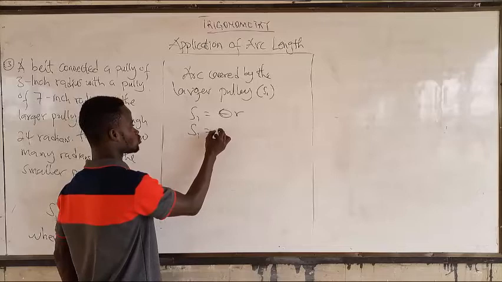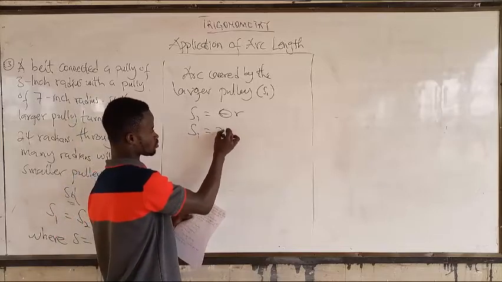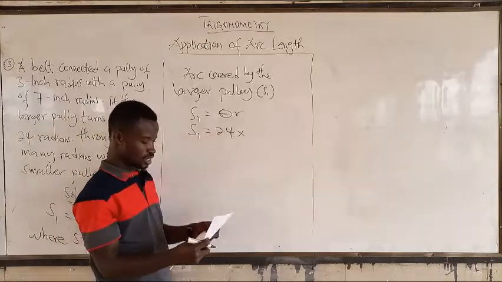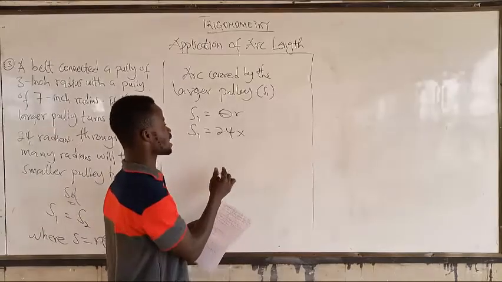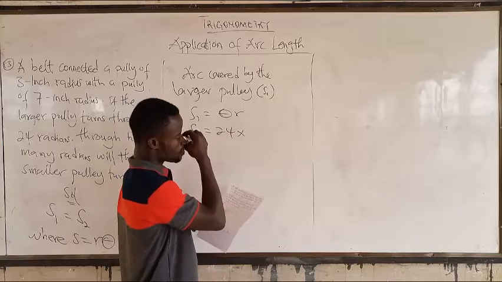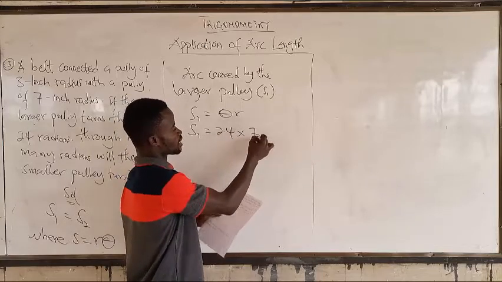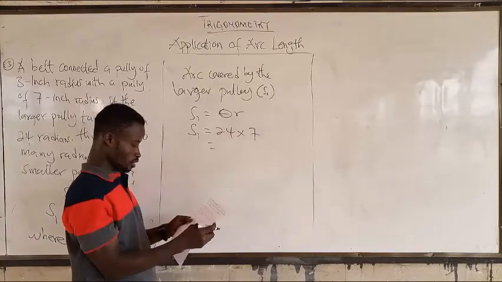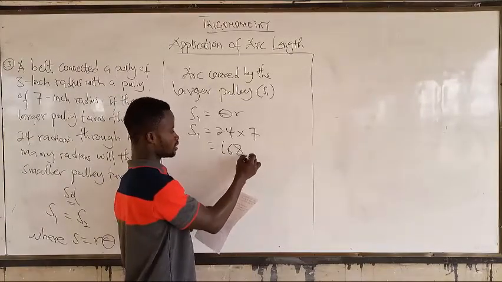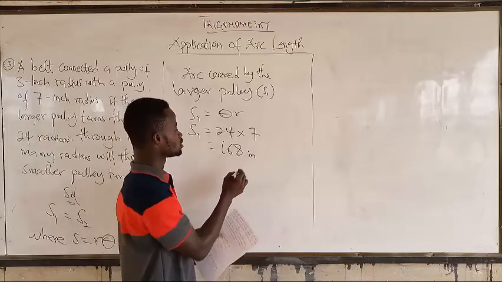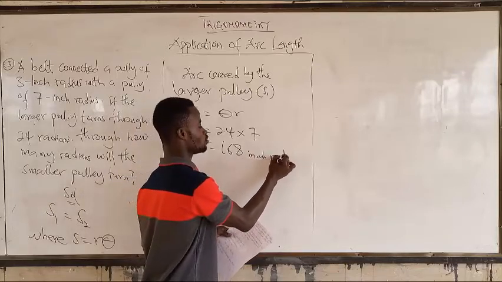That is 24 times 7, and that is going to be 168. Here, don't convert the radians to degrees, leave it as such. And the unit is going to be inch radians.